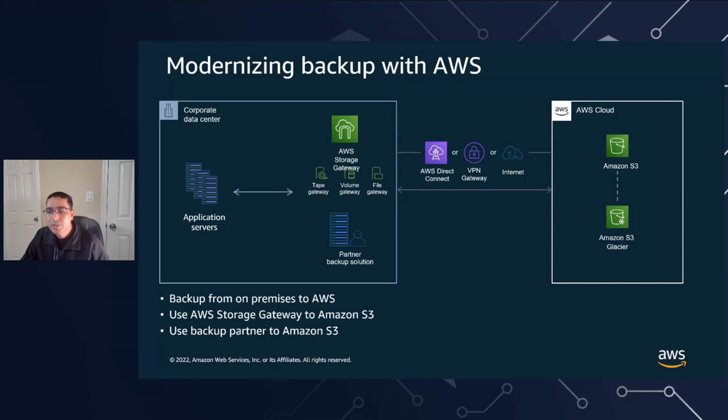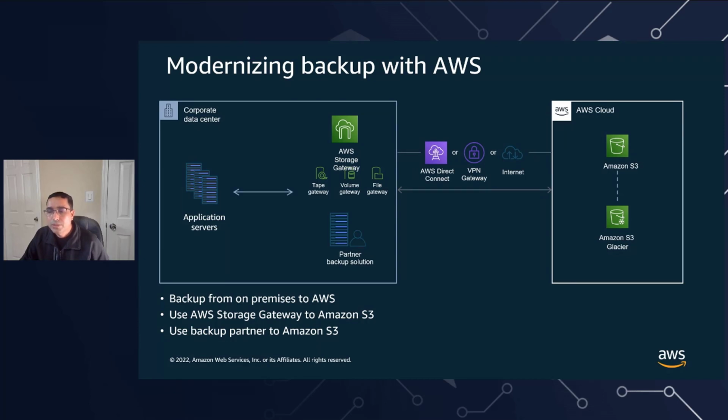Customers are able to use some of the AWS native services such as storage gateways that can present themselves as a virtual tape library, a file storage target, or even an iSCSI volume using the volume gateway for the on-premises application that can move that data to the cloud. On the back end, these gateways can use the S3 APIs to move that data over to S3 or Glacier, any of the classes within S3.